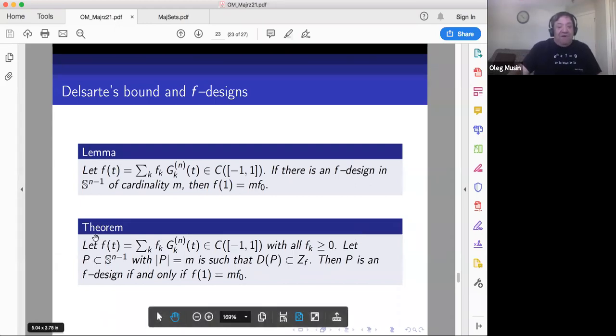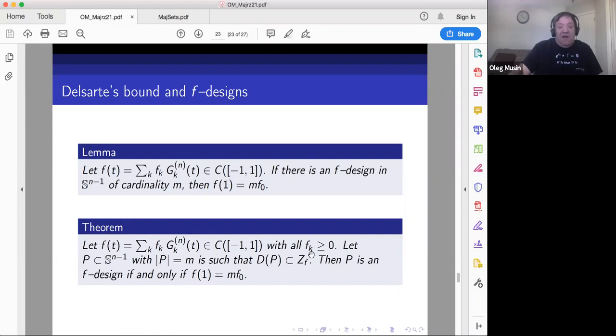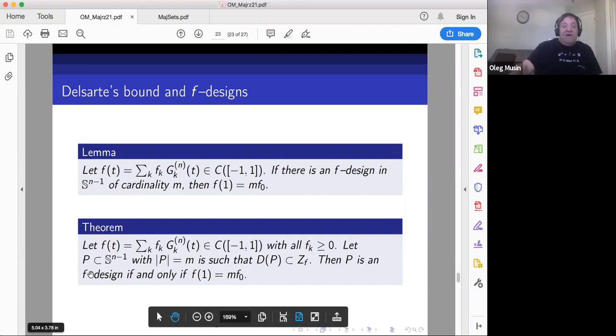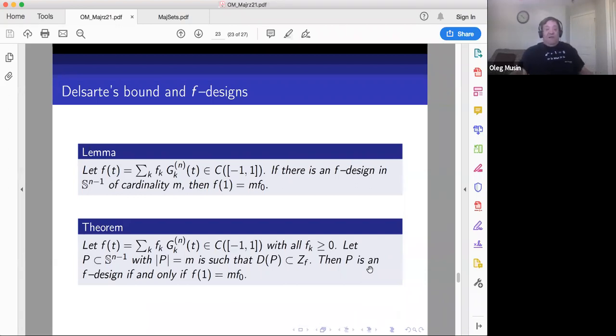But if additionally we assume that fk is greater or equal to 0, non-negative, and p is a subset such that the set of inner products belongs to zeros of f, this condition and condition 2, then p is an f design if and only if f1 equals f naught.